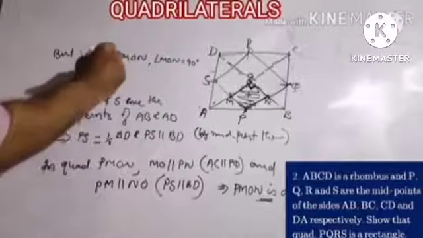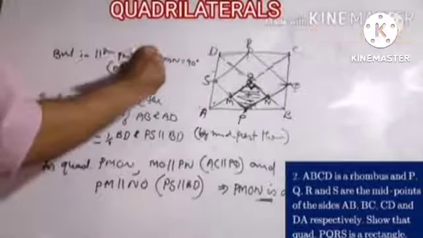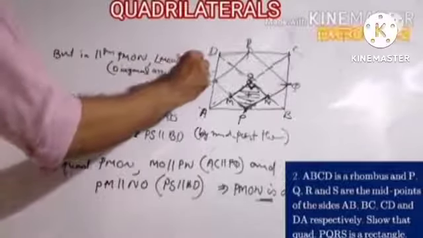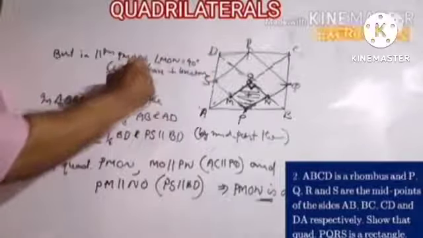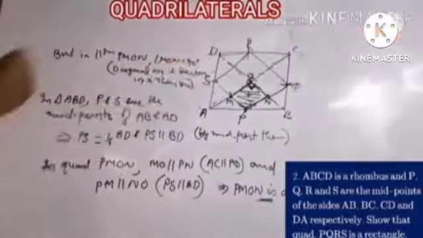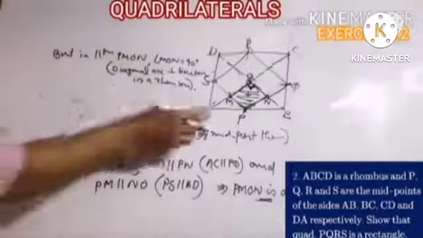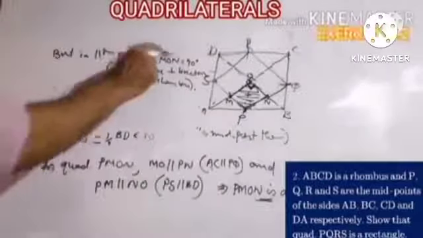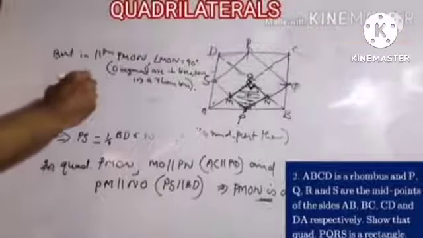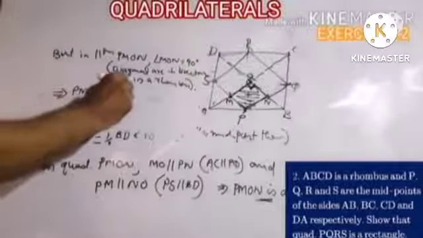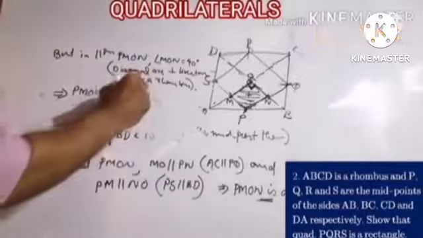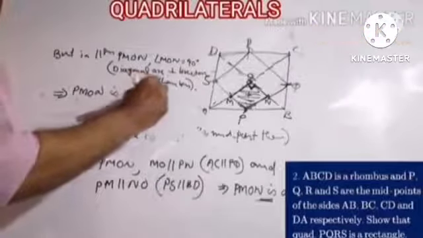Reason: diagonals are perpendicular bisectors. Okay. So a parallelogram with a right angle, which implies PMON is a rectangle.